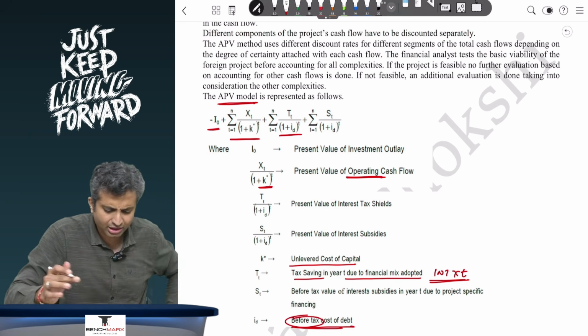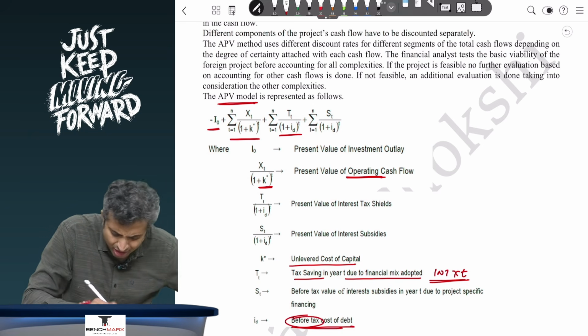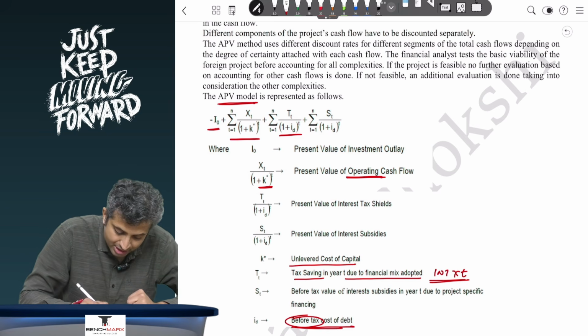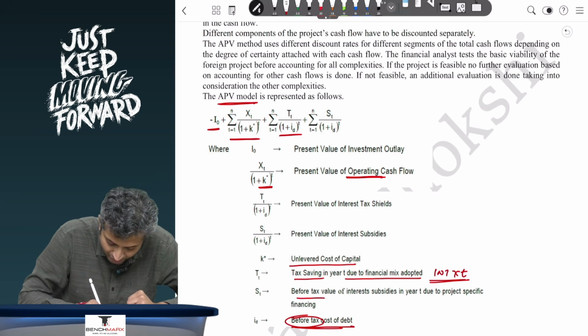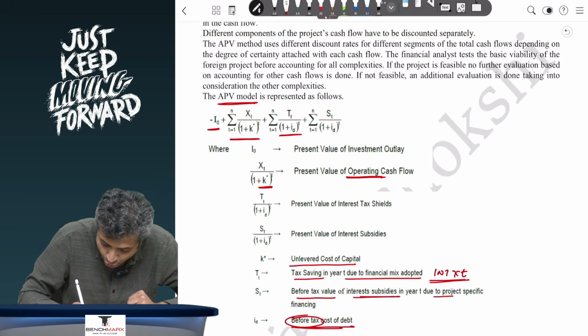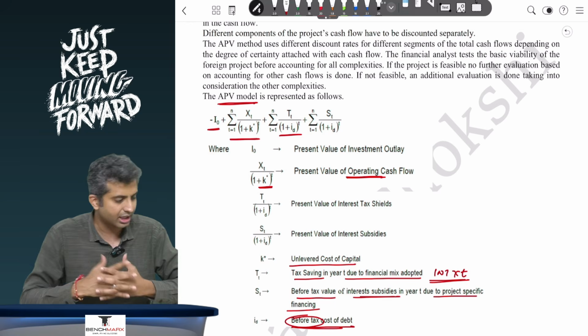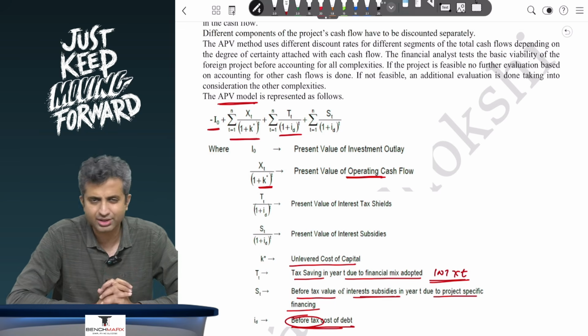So we take the pre-tax cost of normalized debt, and the part which was not there in the May 26 exam question is that there could be certain interest subsidies, the before tax value of interest subsidies due to project specific financing. So if the government is giving you a certain subsidy because you have taken, let us say, a loan, then this will arise. Otherwise it will not arise.